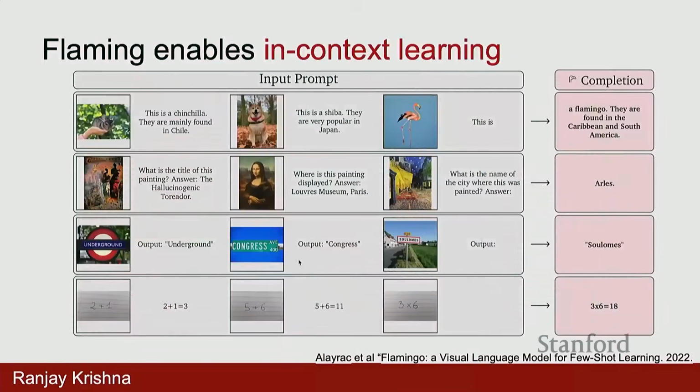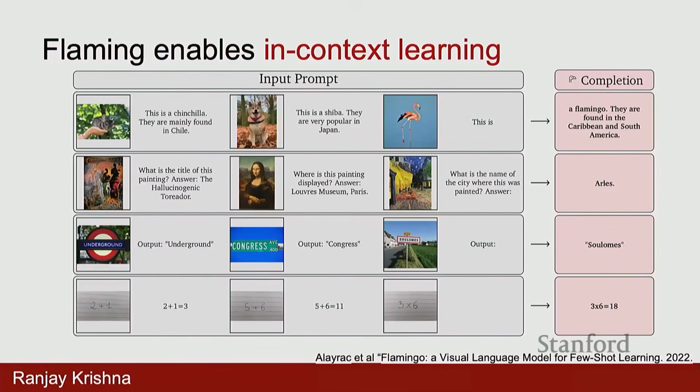People also showed that you can start doing in-context learning. I don't know if this is something you've seen already with language models, but I'm sure you've used in-context learning with GPT, where you tell GPT, here's an example of what I want, give me more things like this. And you can do the same thing with Flamingo, where you can pass in an image and a description, an image and a description, and now when you pass in a new image, it'll give you a description.